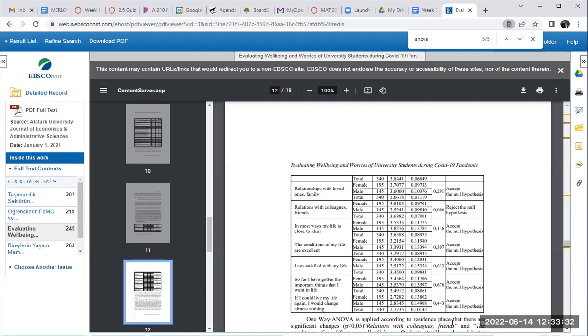And then you could say, well, are students who live in the dorms versus students that live in apartments, maybe versus students that live in their families' homes, is there a difference in how afraid students are of COVID? Does that make sense? Okay.